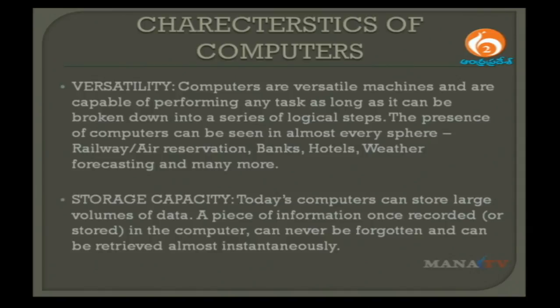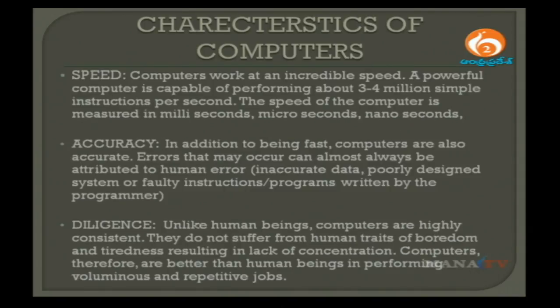And I'll say it once again. Speed means they are very fast, and the maximum capacity of a computer is performing about 3 to 4 million simple instructions per second. And when I say accuracy, until and unless a person who is using the computer commits a mistake, a computer will never commit a mistake.